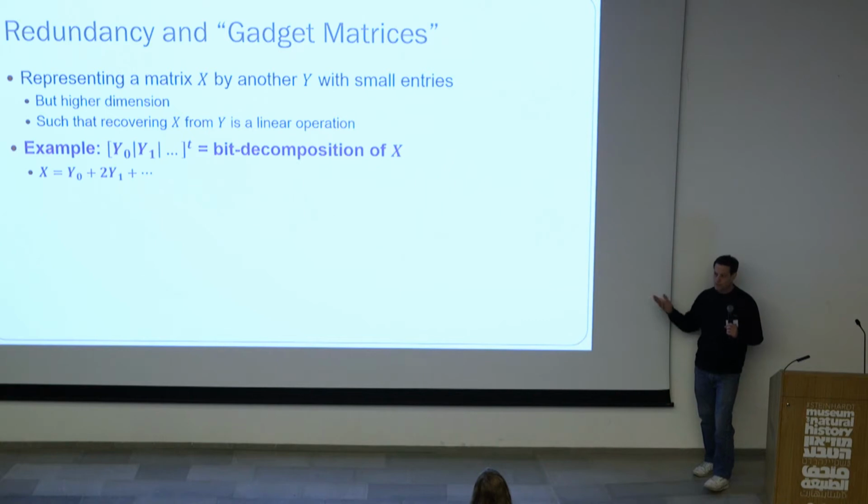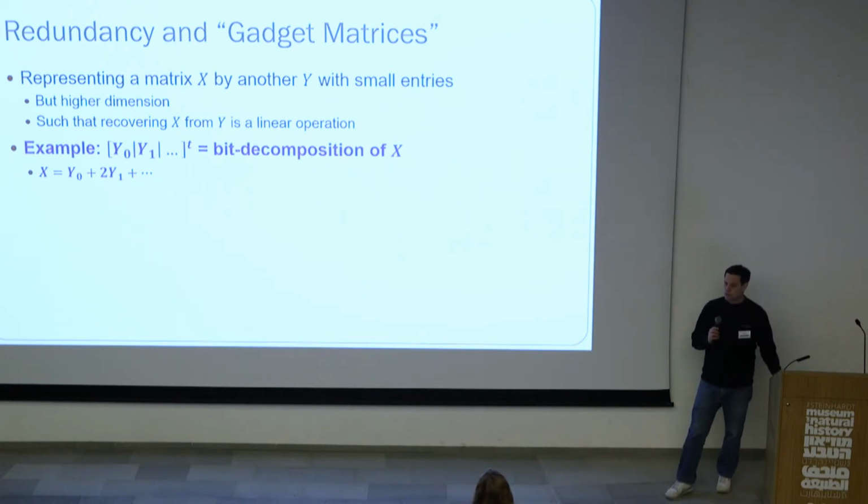And the simplest example of that is bit decomposition. So if X was your matrix, then you break it into Y0, the matrix of all least significant bits, Y1 is the matrix of the second bits, etc. So then X is just Y0 plus 2Y1 plus 4Y2, etc. So that's a linear way to reconstruct X from Y.